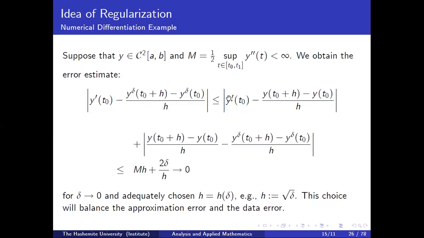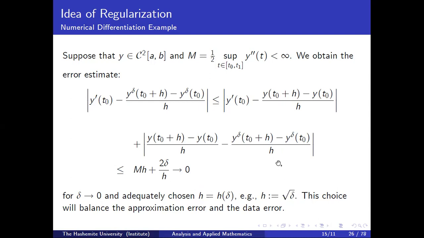So what are we going to do? We have to choose h in a smart way to balance the two terms. So we need to balance the approximation error and the data error. For example, look at this. We can choose h, for example, square root of delta.